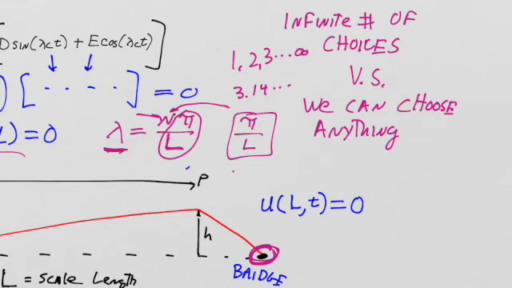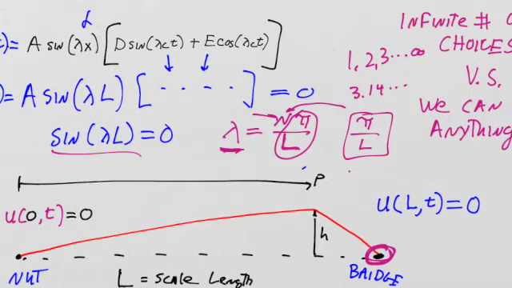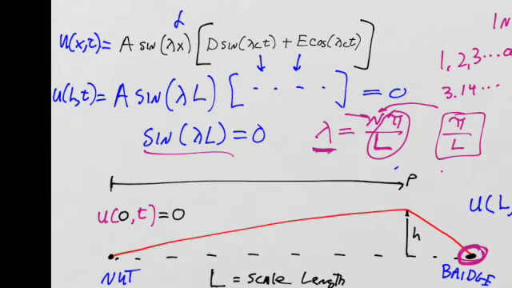I'm not going to go into it, but that is an uncountable infinity, and this, in our case at least, is a countable infinity. That's different, and it's a huge improvement.